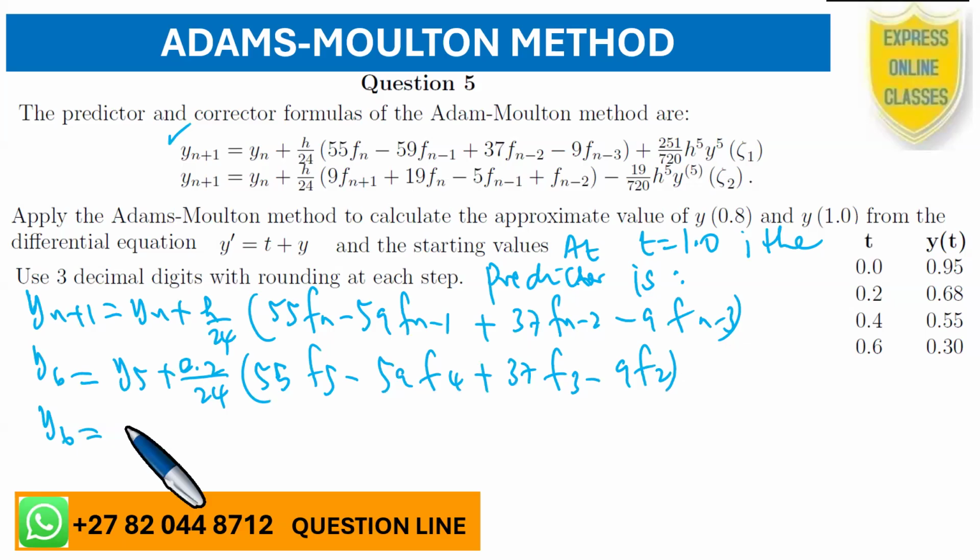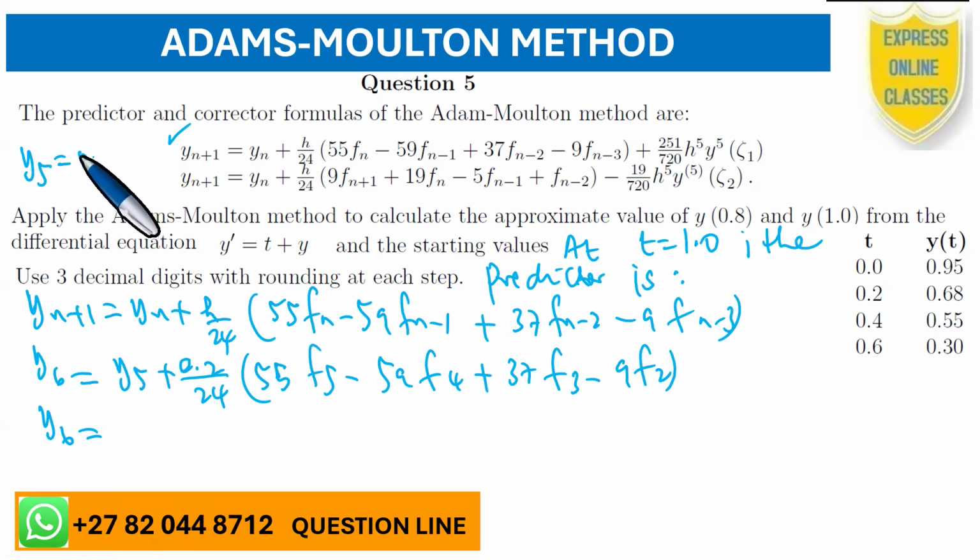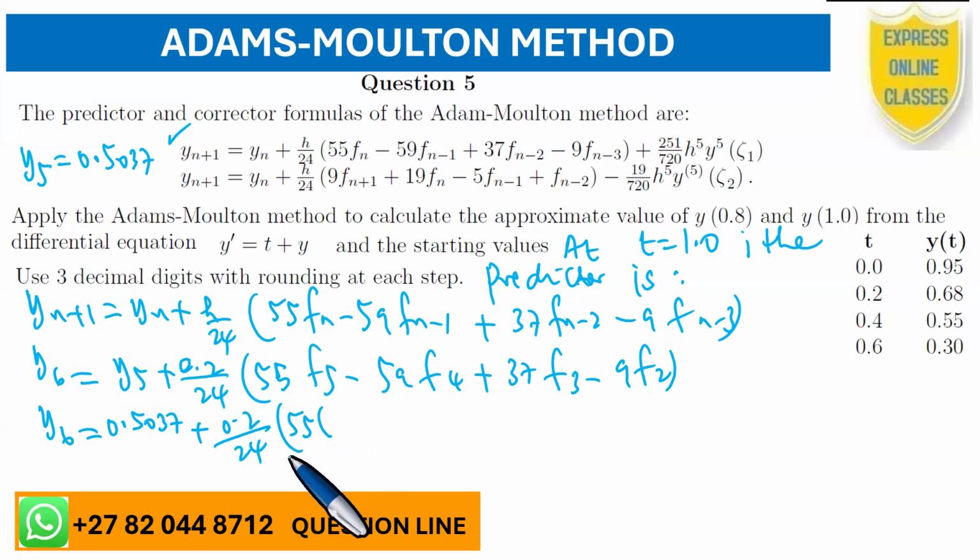So you would have exactly the following. The y5 for the corrector is 0.5037. So 0.5037 plus 0.2 divided by 24, and you would multiply by exactly 55 times the F5.